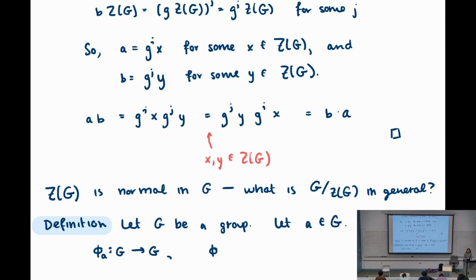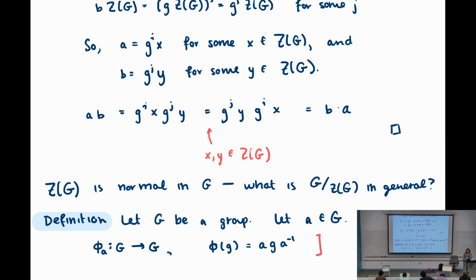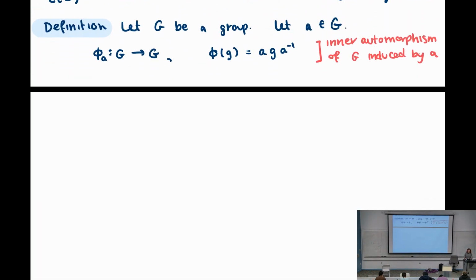What it does is it sends an element little g to a g a inverse. And this is called the inner automorphism of G induced by a. And the set of all inner automorphisms is called Inn(G).